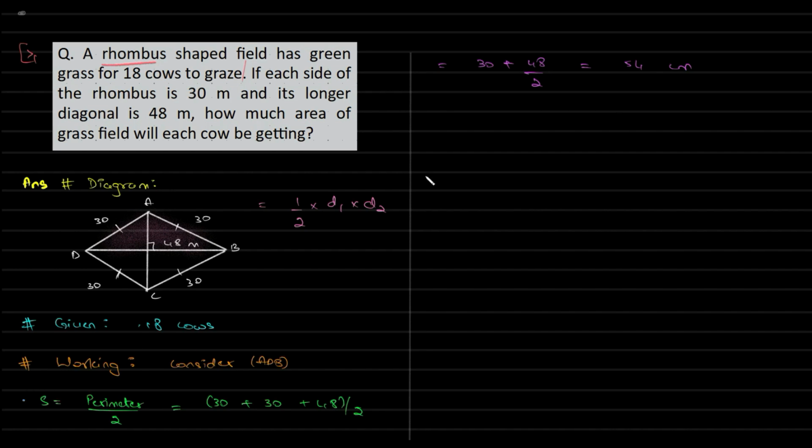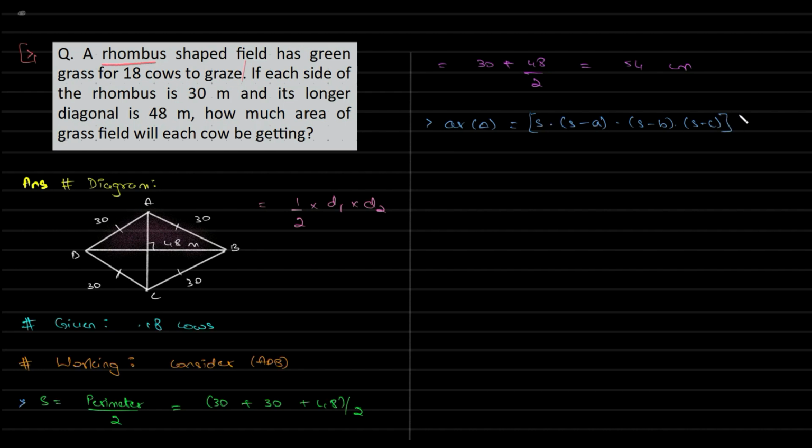So calculating things fast. In all of these questions, it's the same formula, the same concept. There's no new concept per se. It's all about calculations. Then we have the area of the triangle, which is given by the square root of s times s minus a, s minus b, into s minus c.